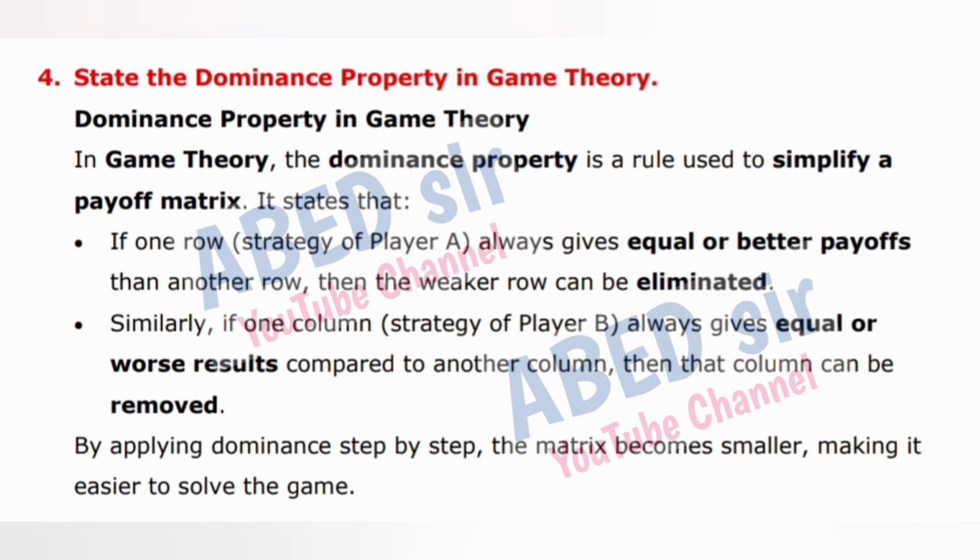Similarly, if one column, strategy of player B, always gives equal or worse results compared to another column, then that column can be removed. By applying dominance step by step, the matrix becomes smaller, making it easier to solve the game.